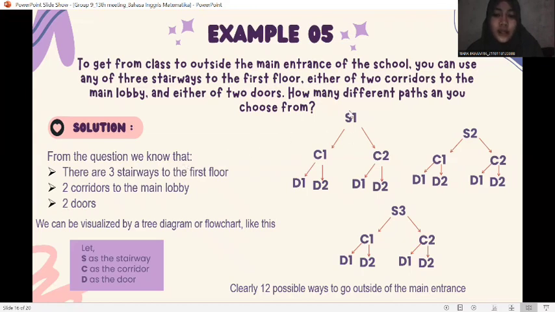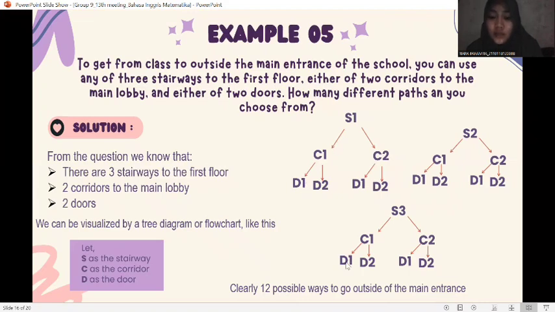So we can attach D1 and D2 to the corridors. S1 has C1, and C1 has D1 and D2. Then S2 and S3 also have C1 and C2, and each has D1 and D2. So the final answer is 12.